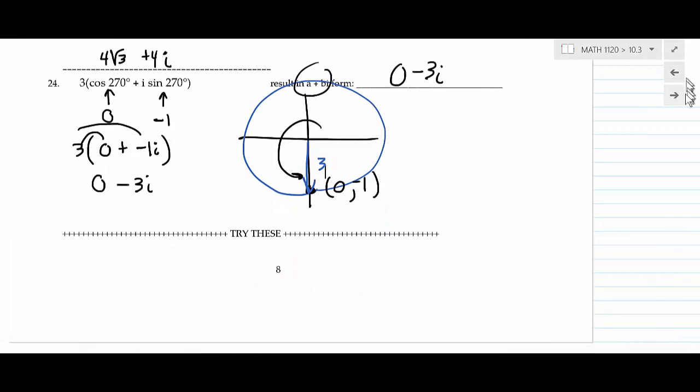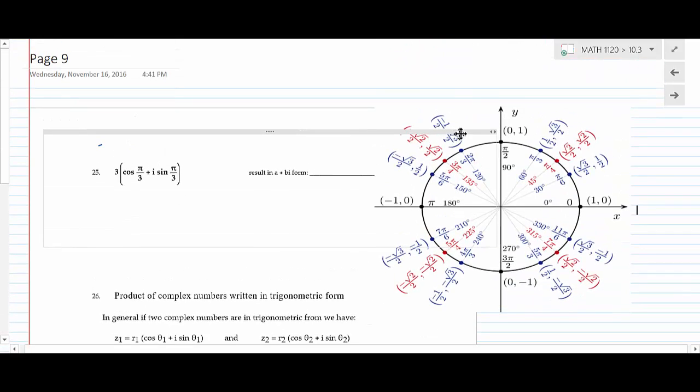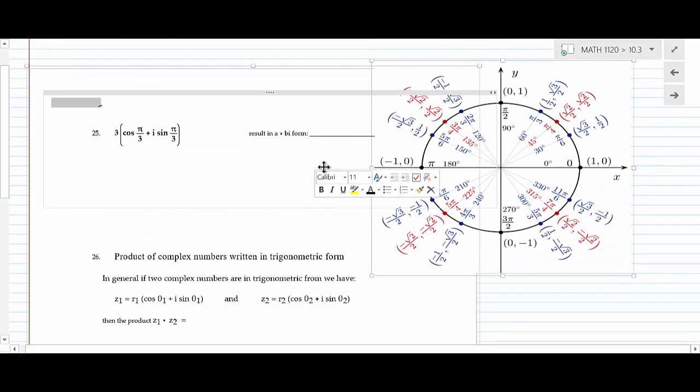All right, let's do a few of these, and then I'm going to take you a little bit through what we're going to start doing with these. Go ahead and just do the next one. Just do it real fast. I even got a unit circle for you to refer to.